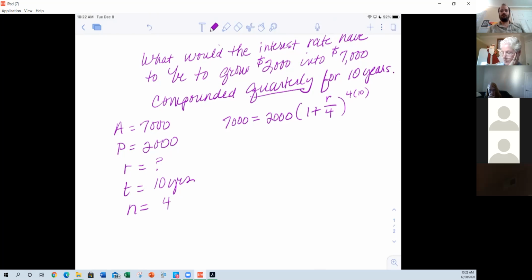The main words that you'll see: quarterly is 4 times a year. Weekly would be 52 times a year. Daily would be 365 times a year.